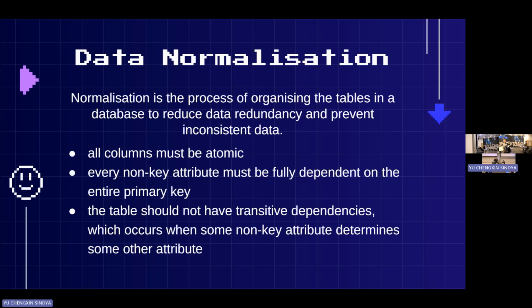Number one, all of the columns are atomic. As we have pointed out earlier, all of the columns must have indivisible values. And secondly, every attribute must be fully dependent on the entire primary key. So for example, the Discord ID that we just explained earlier.